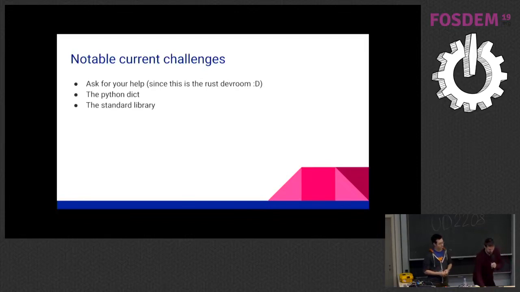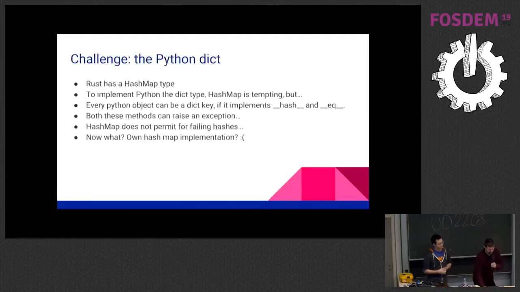And also some challenges are the Python dictionary. In Python, each Python object can be used as a key in a dictionary. And what we wanted to do was to use the Rust hash map for this dictionary. But for the Rust hash map, you have to implement the Eq trait and the Hash trait in Rust.